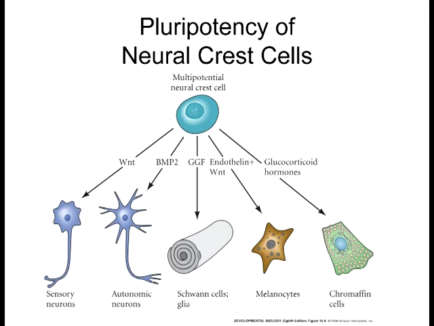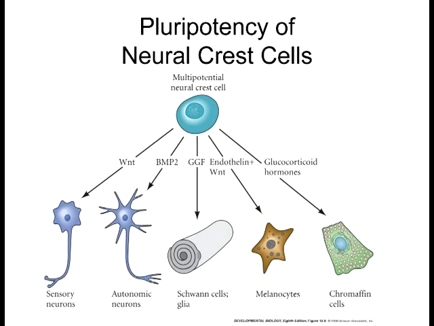Melanocyte precursors are ones that typically take a dorsolateral migration. These others, sensory neurons, Schwann cells, adrenal gland cells, typically take a ventrolateral migration. So think about it. Dorsolateral means they're going to be on the periphery right next to the skin, and they're going to be part of the dermis, and they're going to form melanocytes in the dermis of your skin.